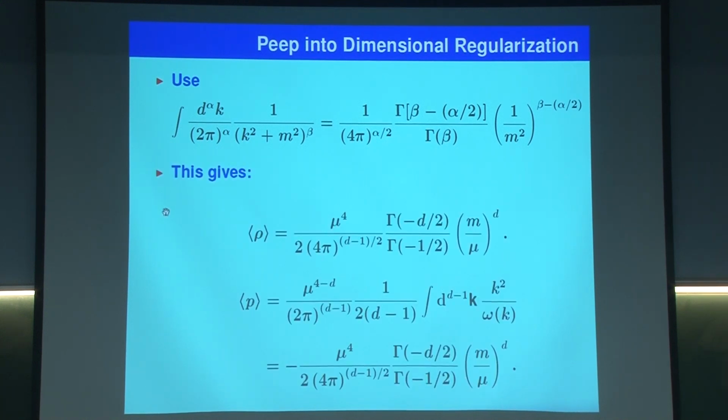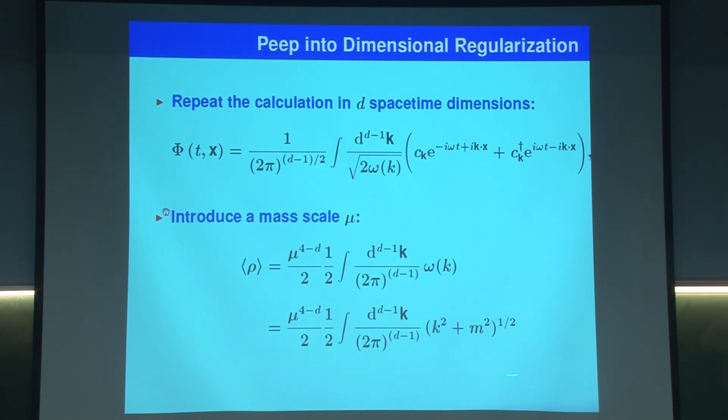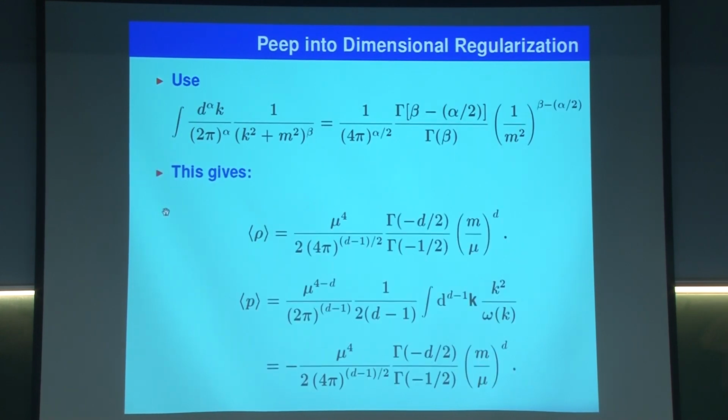Then you quietly take this beta to be minus half, so that you make it go to the top. Of course, it is divergent, but you do not worry about it. You take beta to be minus half and then alpha to be d minus 1. So, what will happen? Okay, so beta is minus half, so this is minus half minus alpha by 2.